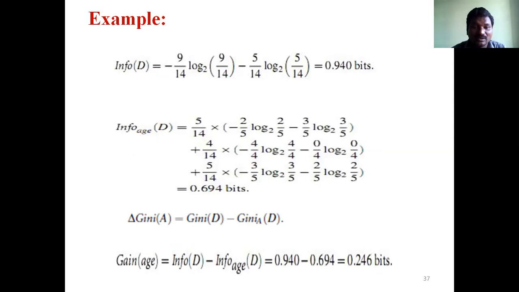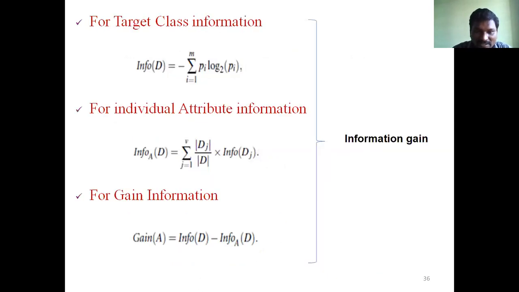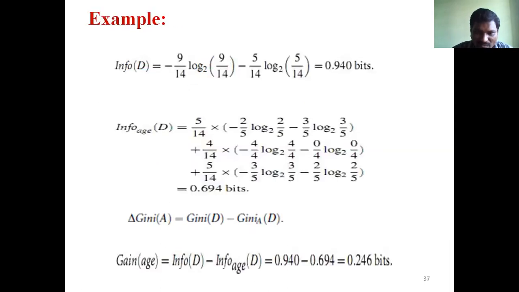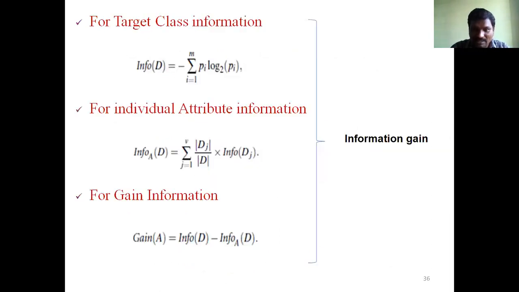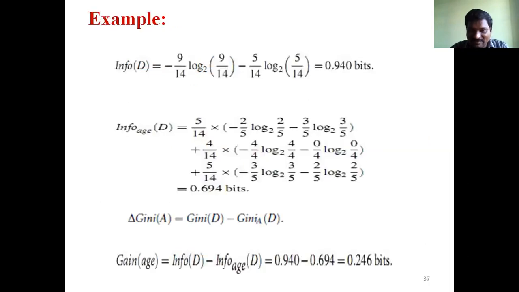For example, for the no value, information of age, 5 by 14. 5 by 14 in the sense, the no value. That value 5 by 14 into 2 divided by 5. How many not buying the computer? 5. Out of 5, here the value Dj divided by D.